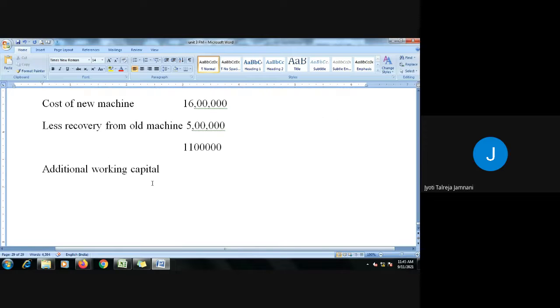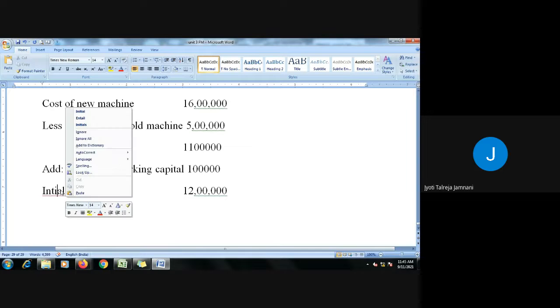So additional working capital is 1 lakh rupees. Therefore, we get the initial investment as 12 lakhs. This has to be added. So this was about the initial investment working out.